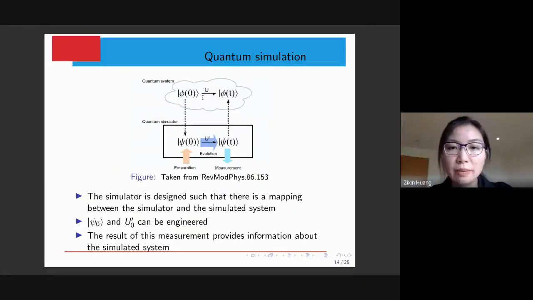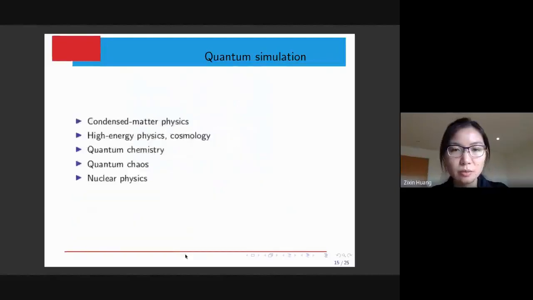You know something about the evolution of the quantum system, and you can engineer that evolution in your simulator. You can't measure the quantum system that you want to simulate, but you can measure the quantum system in your simulator. So the result of the measurement on your simulator provides information about the simulated system. That is quantum simulation in a nutshell.